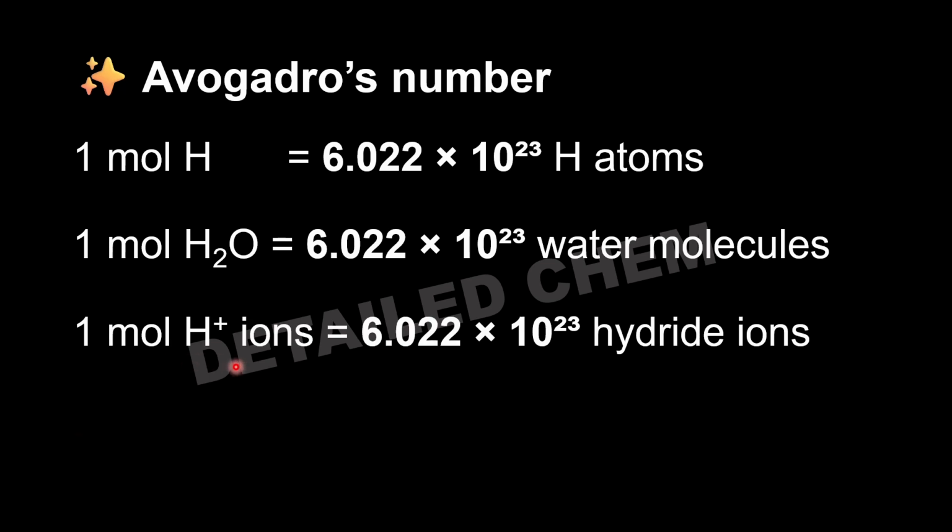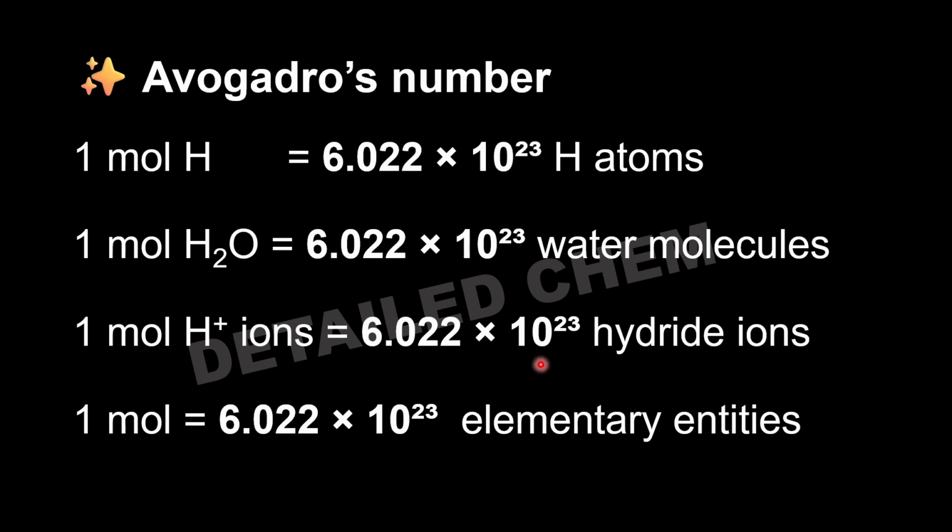And 1 mole of hydride ions is equal to 6.022 times 10 to the 23 hydride ions. So we can say that 1 mole is equal to 6.022 times 10 to the power of 23 elementary entities.